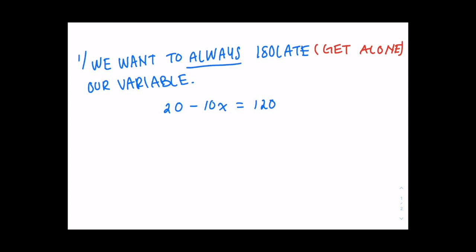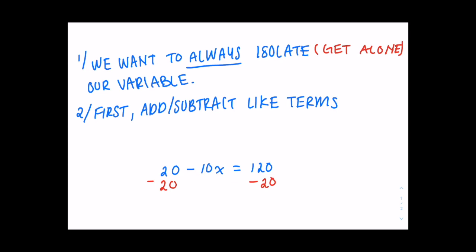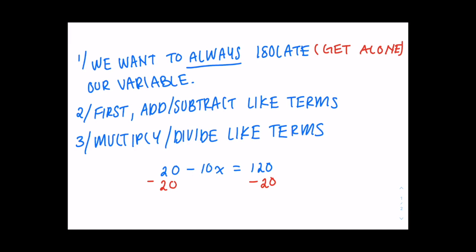So first, what we want to do is subtract our 20 from both sides. This is another rule that we want to remember. We're subtracting the 20 from both sides.